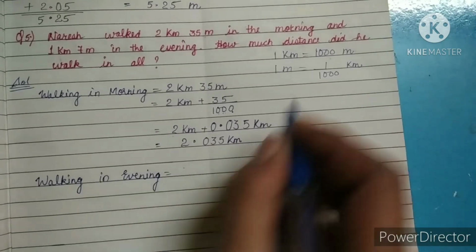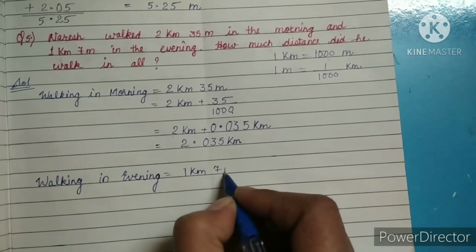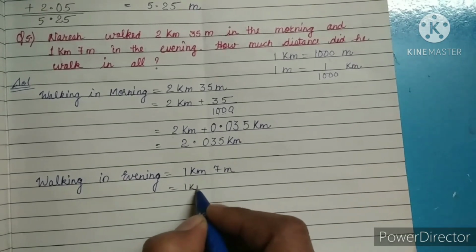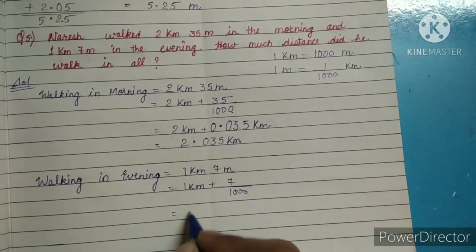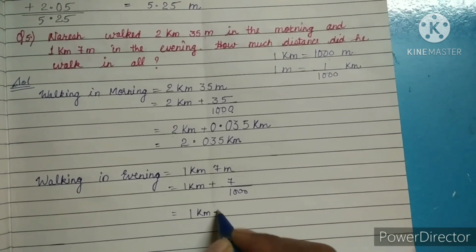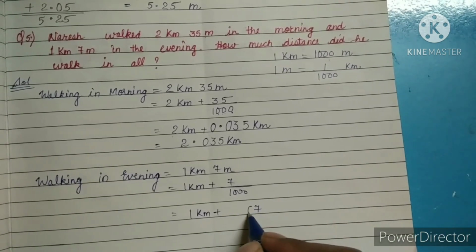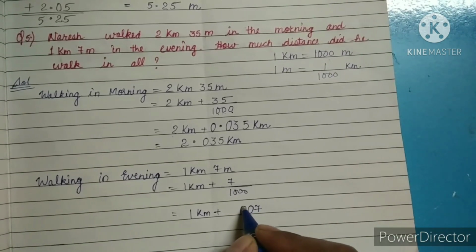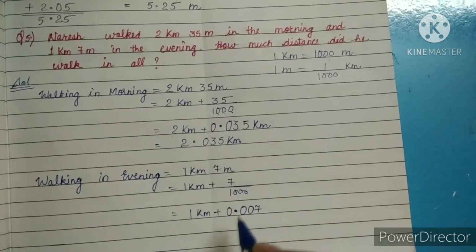In the evening he walked 1 kilometer and 7 meter. So 1 kilometer will be same, 7 will divide by 1000 and 1000 is having 3 zeros. It means we have to leave 3 values. First will be 7, second 0, third is 0, then we will put decimal. Now here 0.